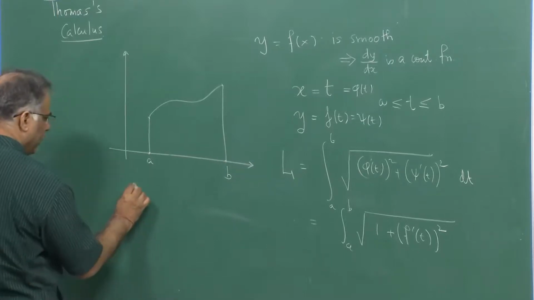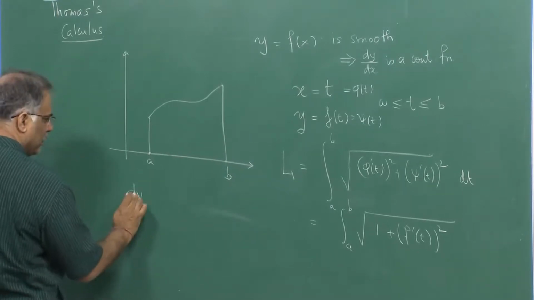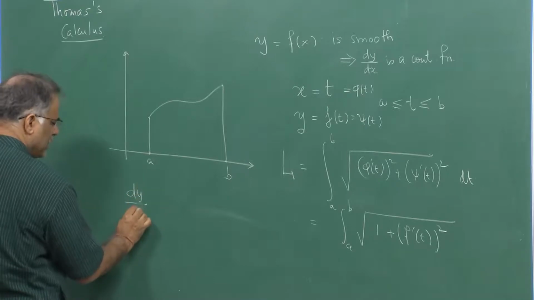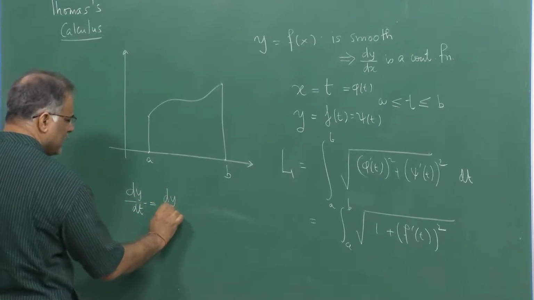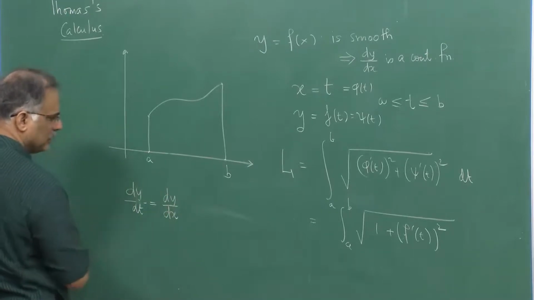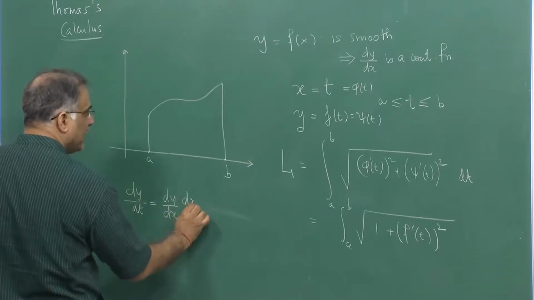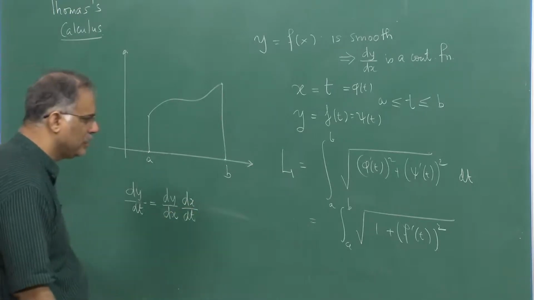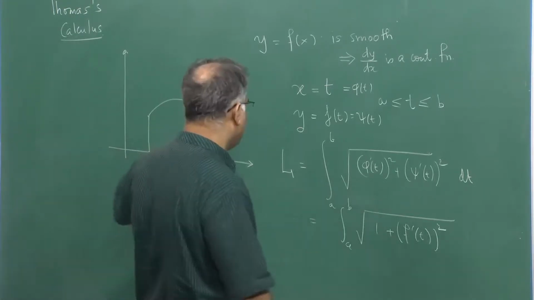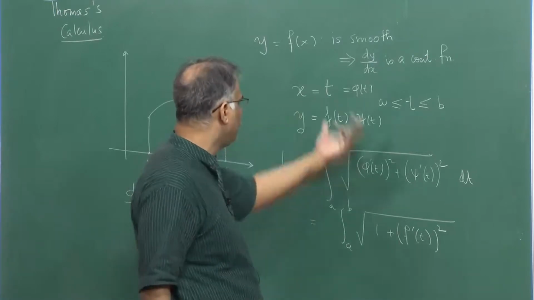So, what is dy/dt? dy/dt is dy/dx into dx/dt. So, dx/dt is 1, because x is the same as the function phi basically.